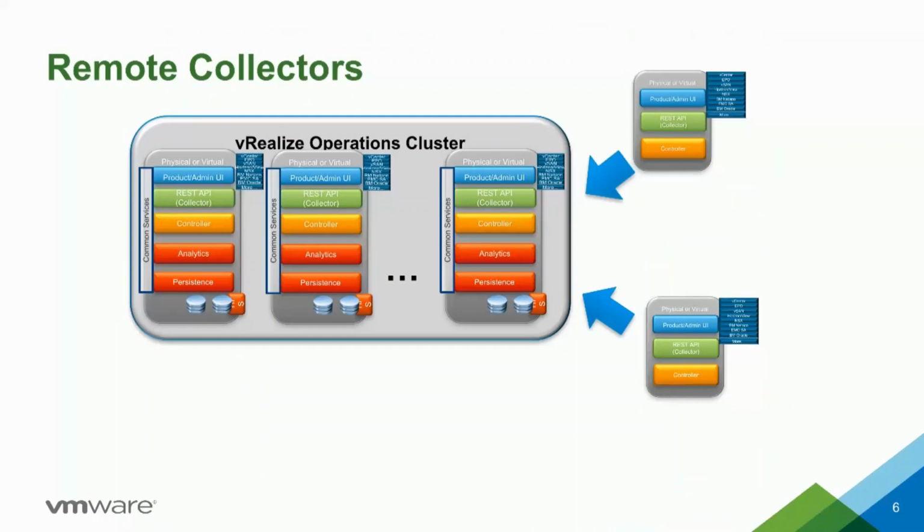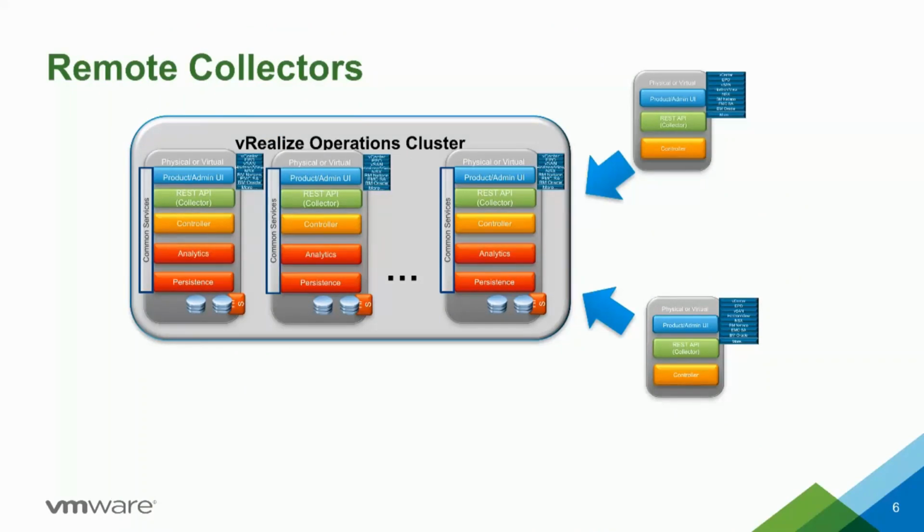A remote collector has only a subset of all the services running on it that a full node, data node, or master node will have inside the cluster. Remote collectors can be used, just as it sounds, to collect data from remote locations that may have network latencies that are higher than the cluster requires.